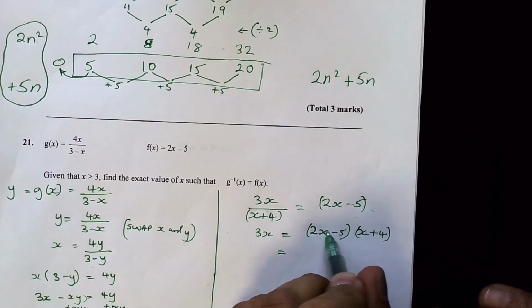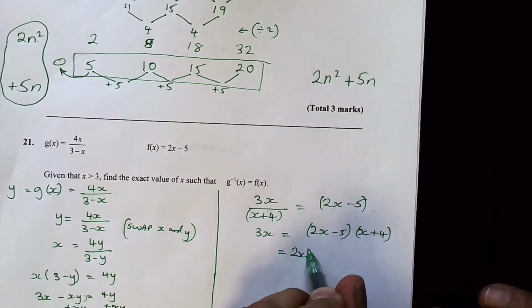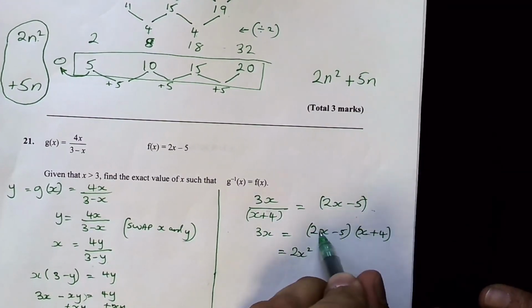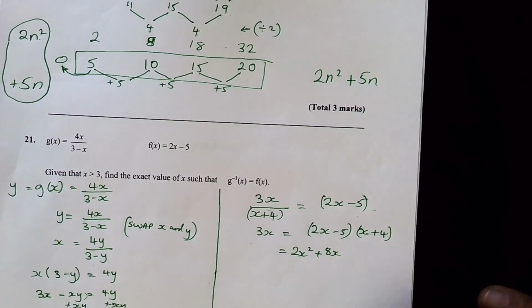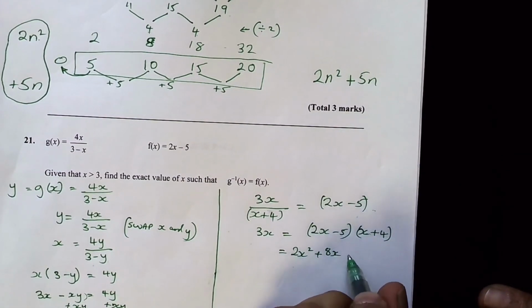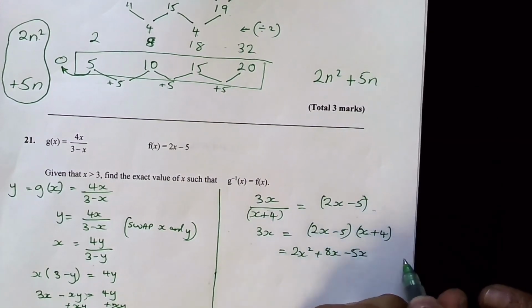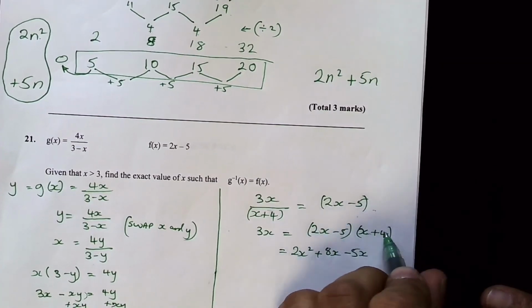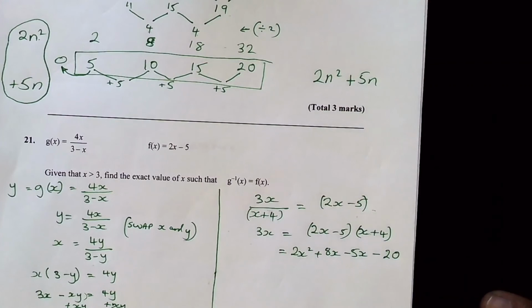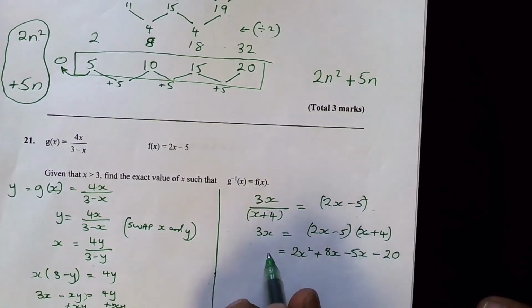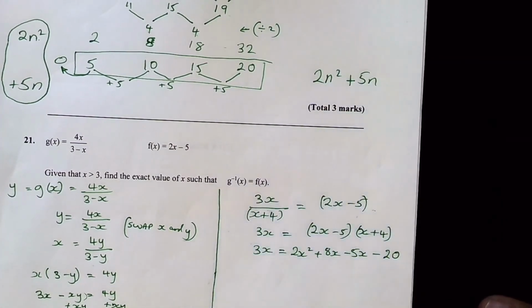So 2 times x, 2x squared, 2x times 4 plus 8x, minus 5 times x, minus 5x, minus 5 times 4, minus 20, and it all equals 3x.